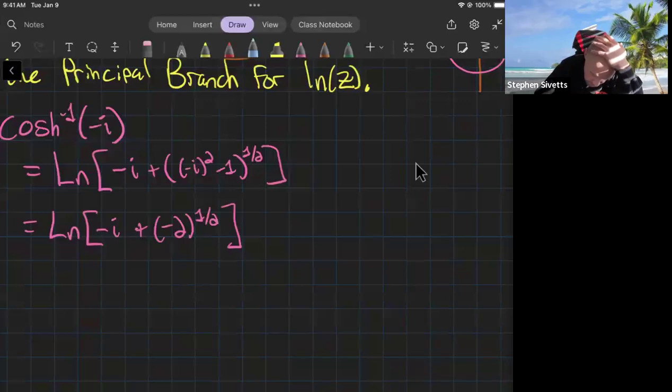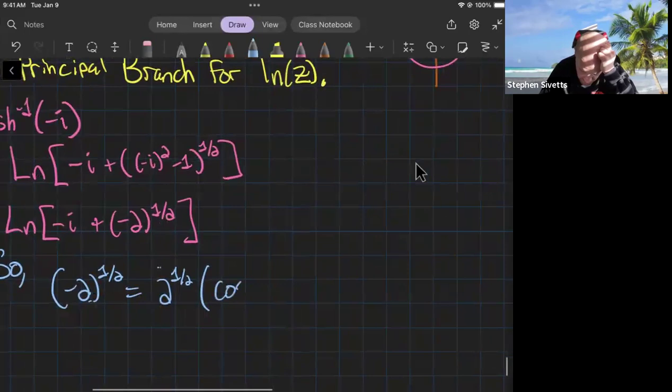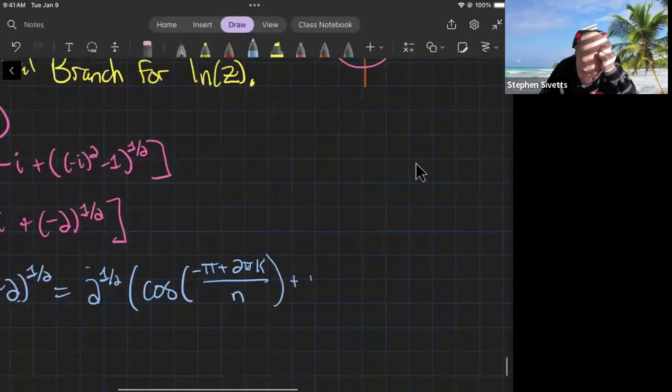So the square root of minus 2 equals the modulus 2 to the 1/2 power times cosine of (minus pi plus 2 pi k) over n, plus i times sine of (minus pi plus 2 pi k) over n.